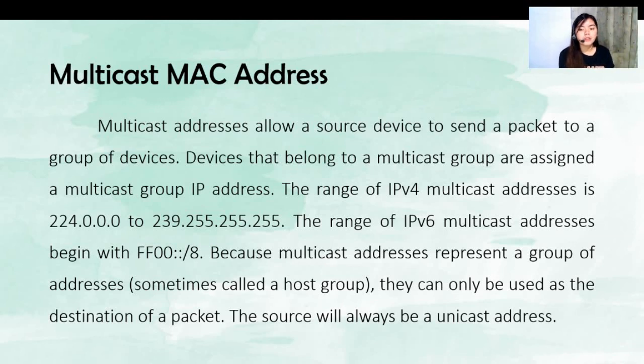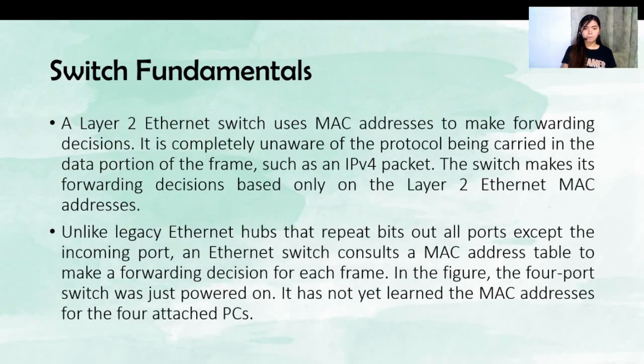The range of IPv6 multicast addresses begins with FF00::/8. Because multicast addresses represent a group of addresses, sometimes called a host group, they can only be used as the destination of a packet. The source will always be a unicast address.